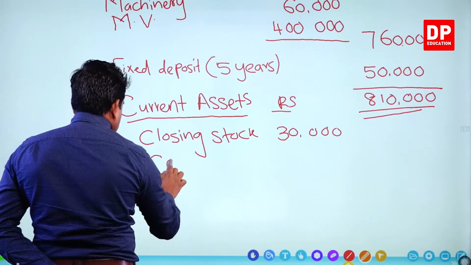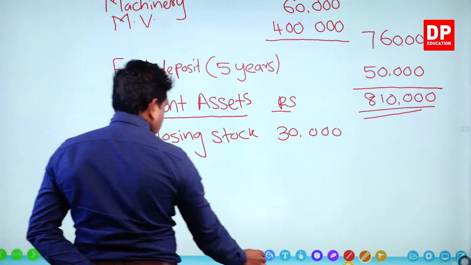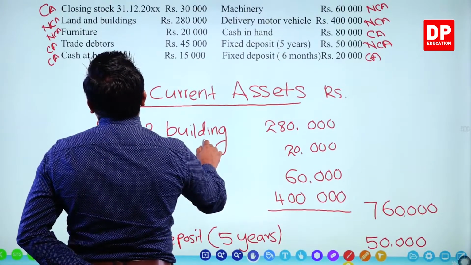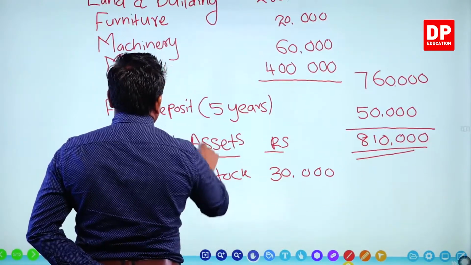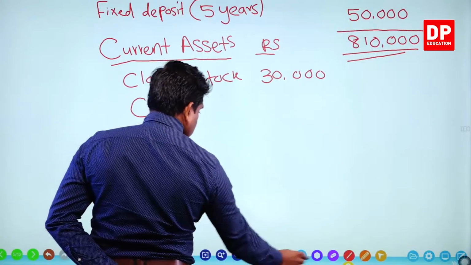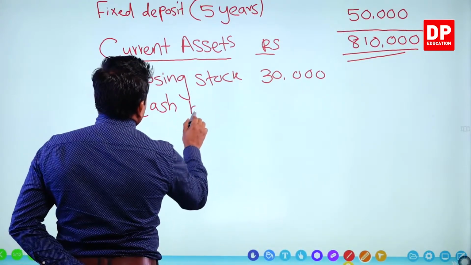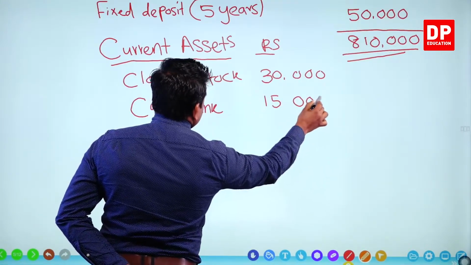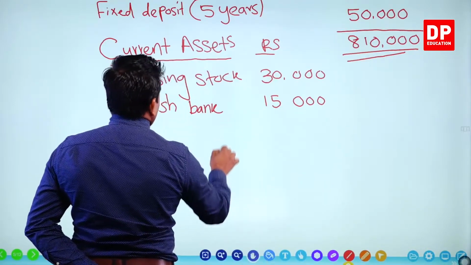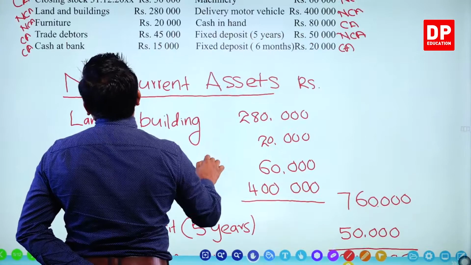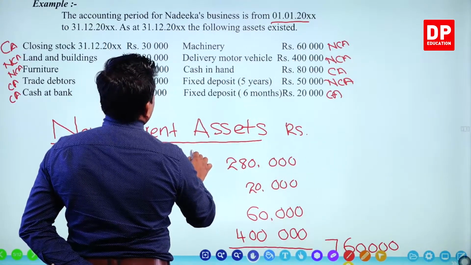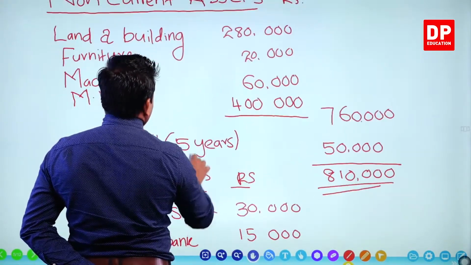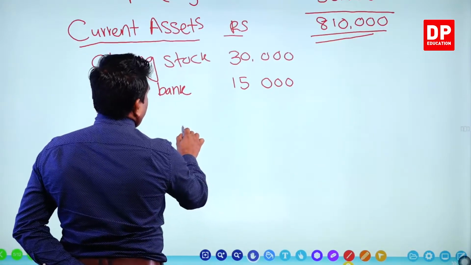Then cash. Is it cash in hand or cash at bank? We'll see. Cash at bank 15,000. Then the next one, cash in hand 80,000.